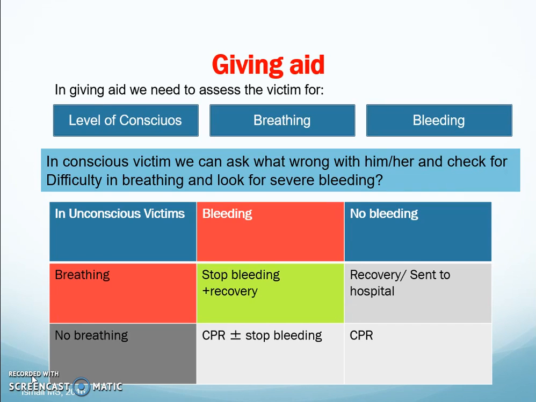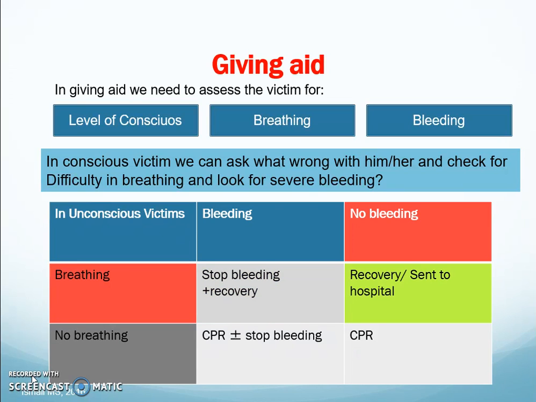Now, what should we do in an unconscious victim? If the victim is breathing but he's also bleeding, we need to stop the bleed. When I say bleeding, I'm referring to big bleeds or severe bleeding. So we need to stop the bleed, and since he is unconscious, we need to turn him to recovery position to prevent aspiration.